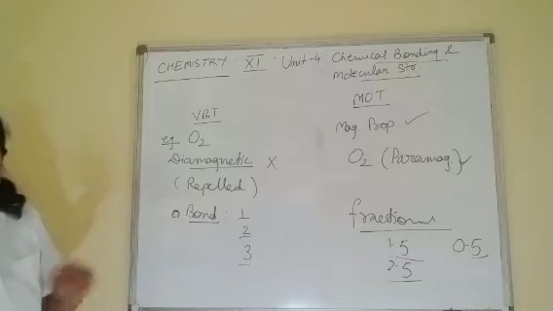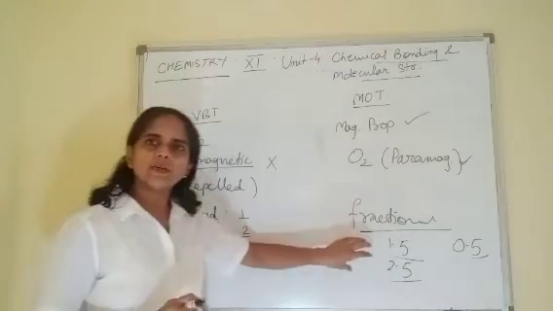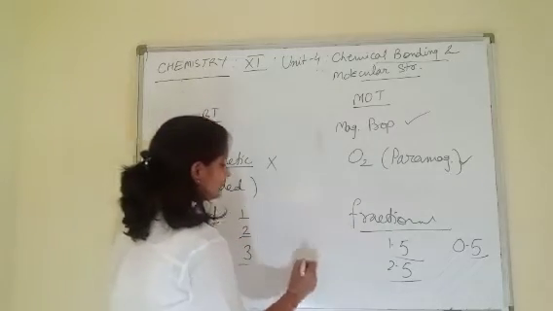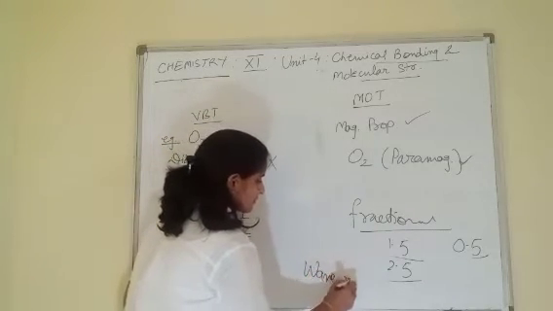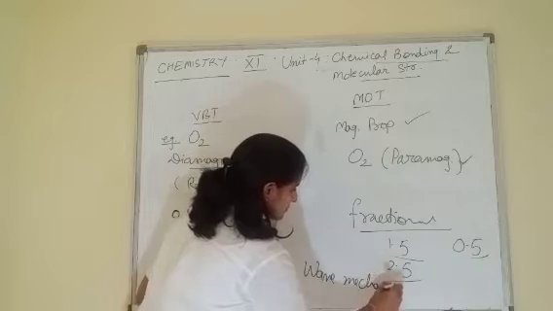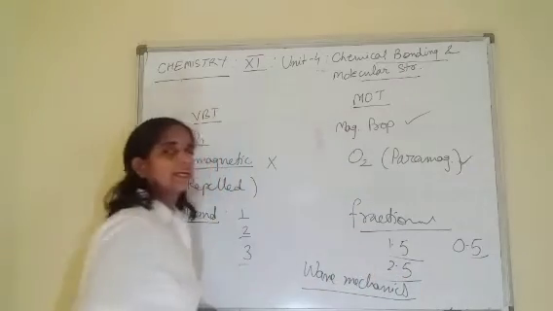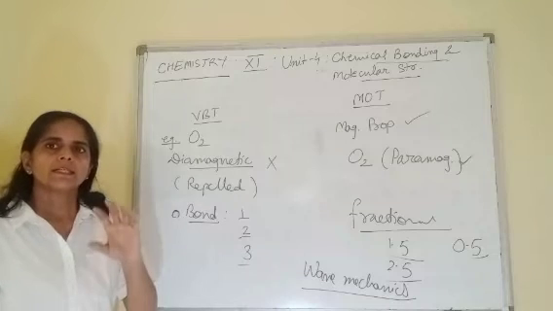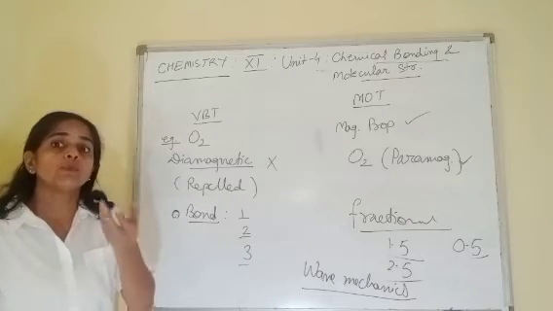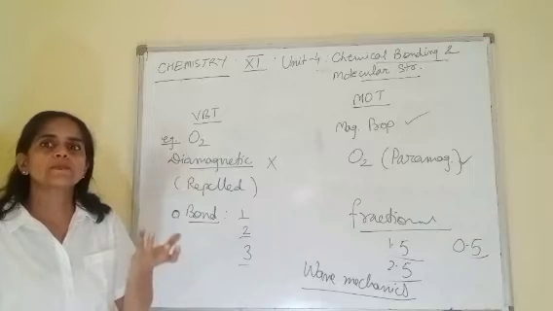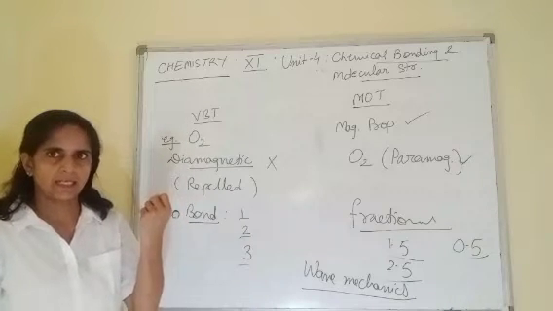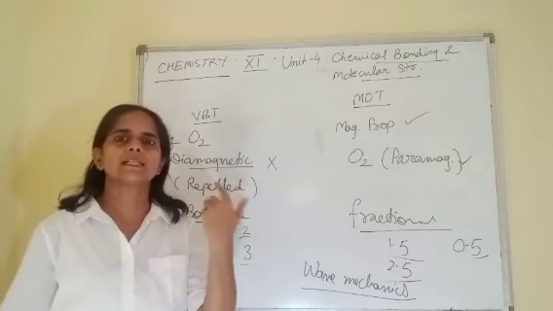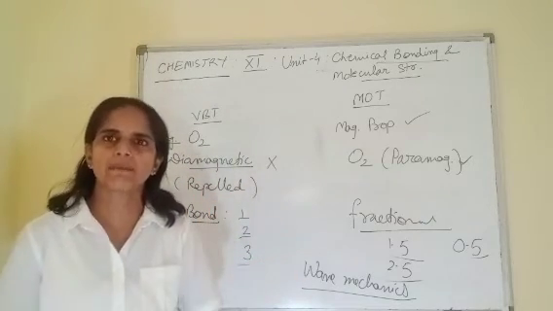Got it? Next, MOT also talks about wave mechanics. In the atomic structure unit, we read about Schrodinger's wave equation, that is, what we mean by atomic orbitals. Orbitals mean probability waves, the 3D space around the nucleus where the probability of finding the electron is maximum.